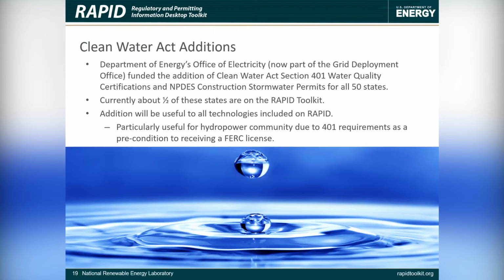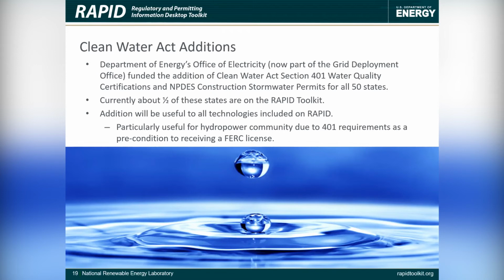And so these can be applicable across technologies, and those of you that are familiar with hydropower certainly are aware that there are 401 requirements, either being 401 issued or waived as a precondition to receiving a FERC license, and FERC being able to issue that license.